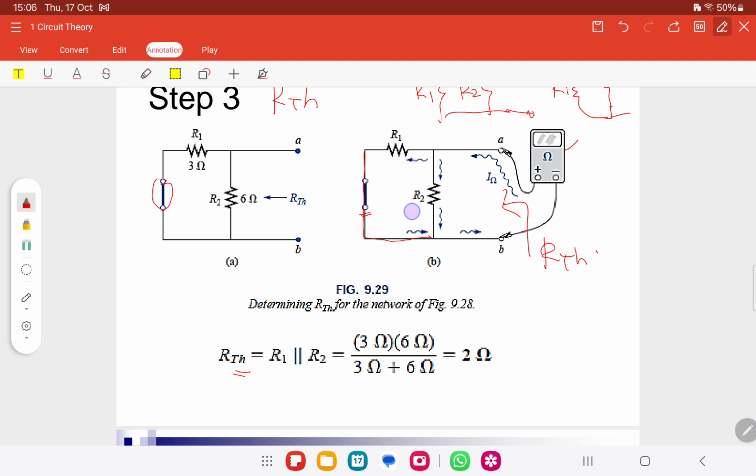Parallel kan R1 and R2. Ni, dapatlah. Kalau ada in series lagi, series kan lah. Depends berapa banyak resistor yang kita ada lah in the circuit. Okay, this is very simple because only 2 resistor and then parallel.